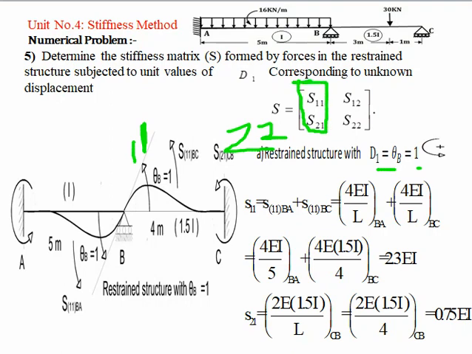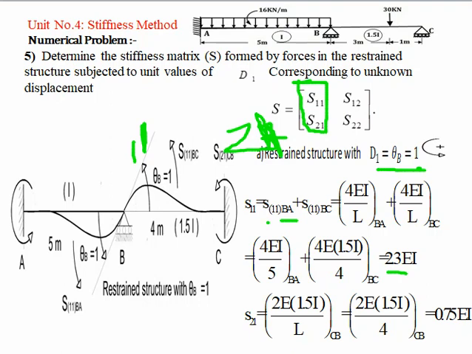Okay, so S11 and S21. The first number indicates the place of the unknown, and the second number indicates the action. That means theta b is equal to 1, so for the first unknown we apply the unit rotation. That's why 1 stands there. Due to the unit rotation, we have a value 2.3 EI.